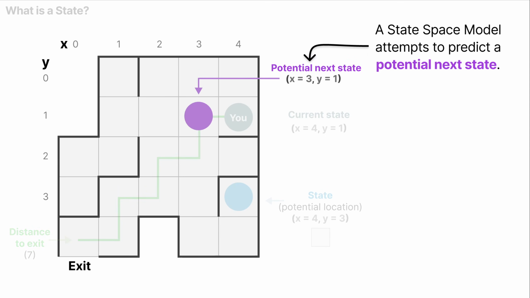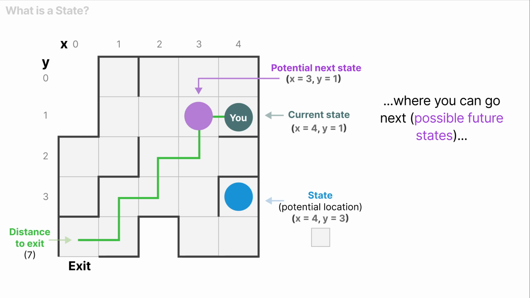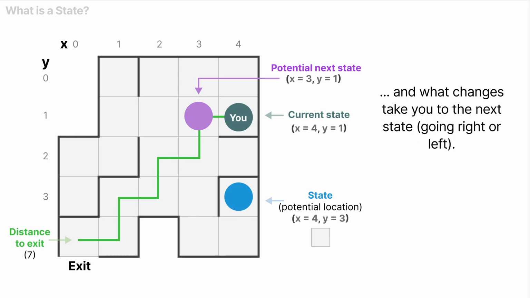A state space model attempts to predict a potential next state. The state space representation shows where you are, the current state, where you can go next, possible future states, and what changes take you to the next state, going right or left.